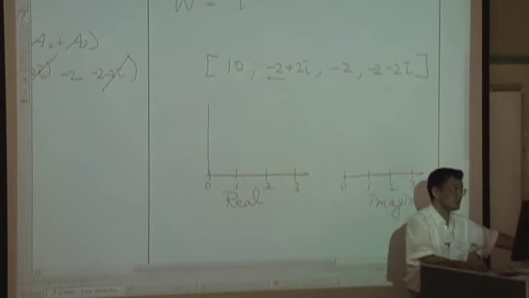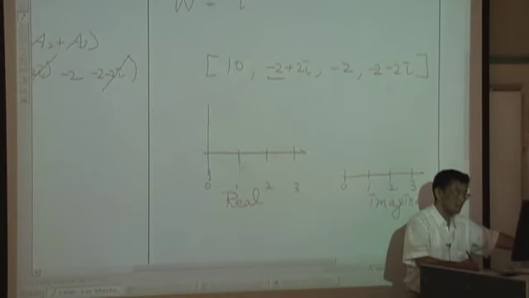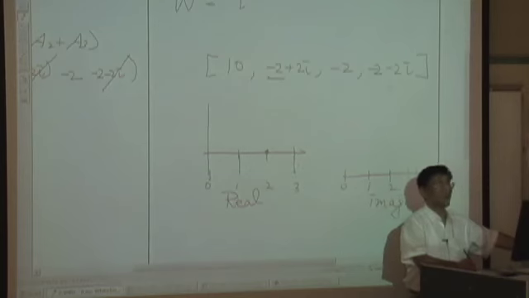I will erase this portion. And then negative 2 here, and then 0 here, and then negative 2 here. So this is the real part spectrum.